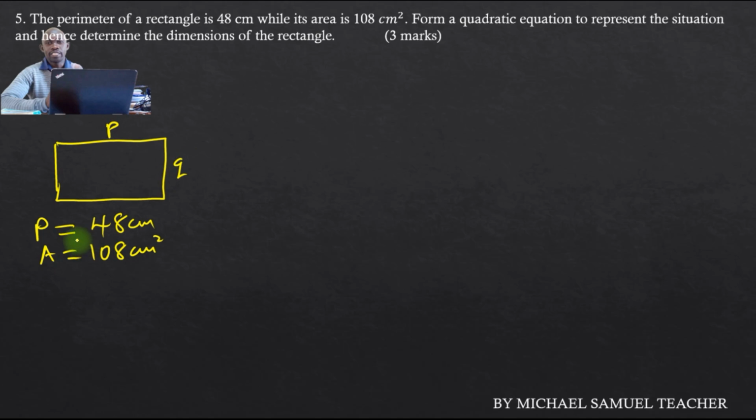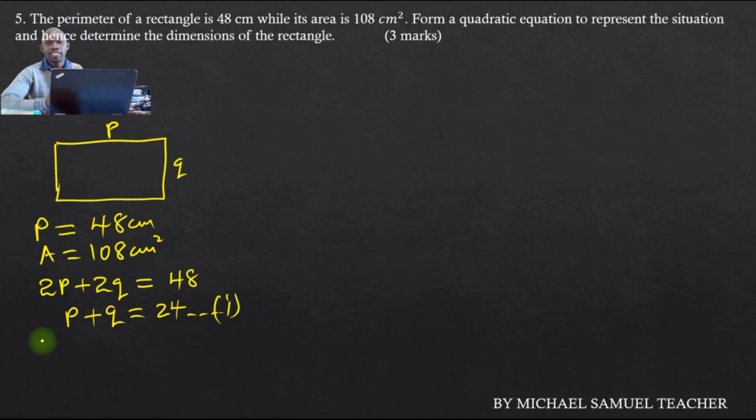Therefore, perimeter is given by 2p plus 2q will be equal to the length around the rectangle, which is 48. So this is the same as p plus q is equal to 24. So we can call this the first equation.